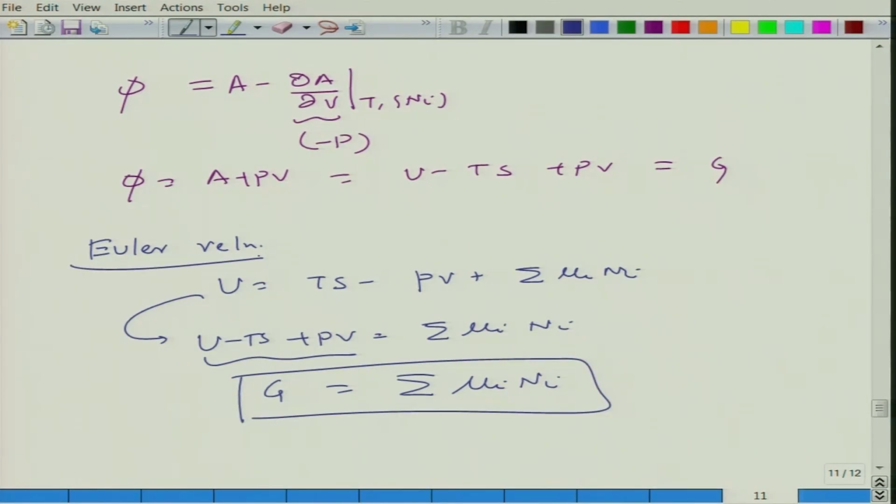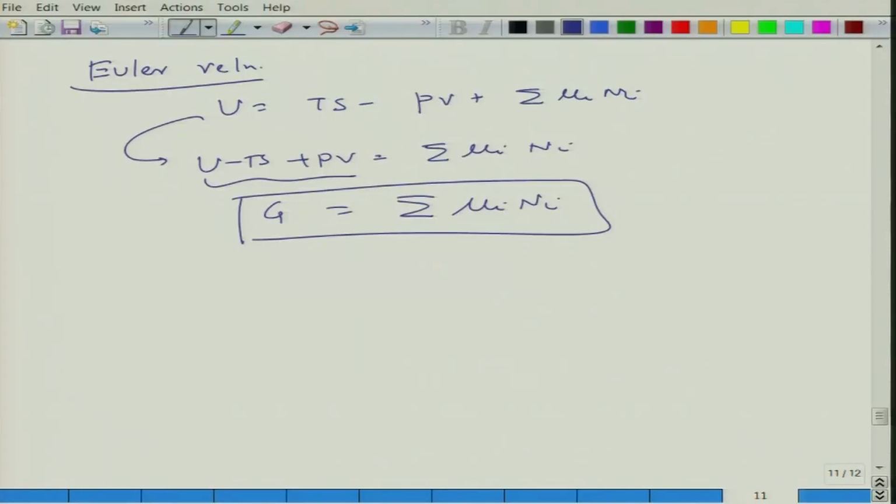Now, as of now, we just looked into two intensive variables, T and P. We converted S to T and volume to P, but now we can think of another intensive variable, which is chemical potential mu. We would like to convert the conjugate variable n to mu, which essentially can be done in the same way that we can demonstrate.